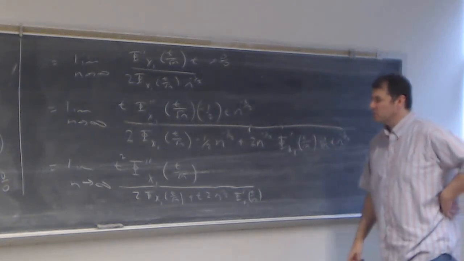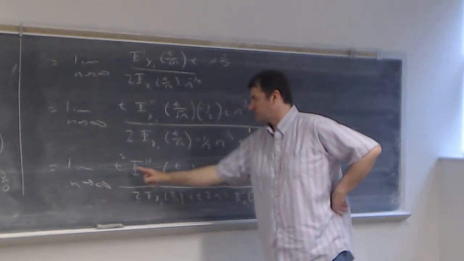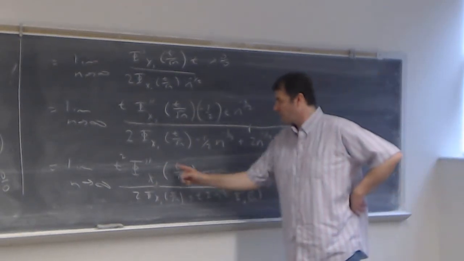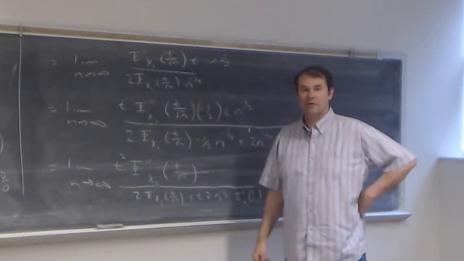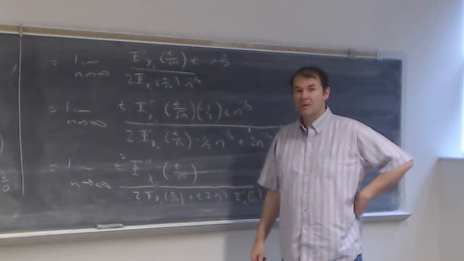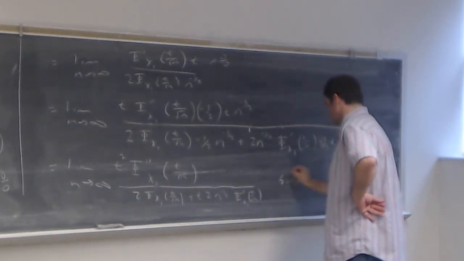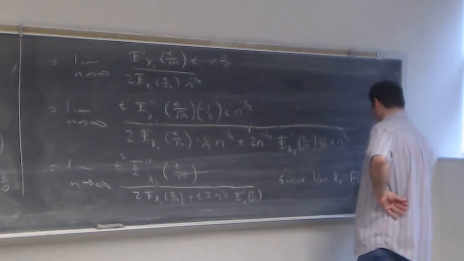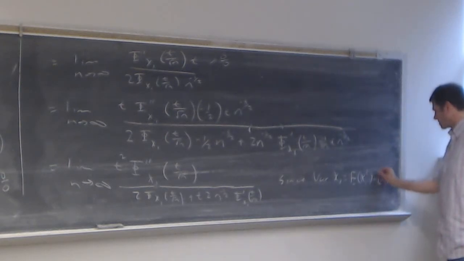Okay. Now, as n goes to infinity, we're curious what this looks like. So t squared is a constant. The second derivative of the moment generating function evaluated, well, this is going to 0. So that's really the expected value of x squared. Well, in our case, remember the variance is equal to 1. And the variance of x sub 1 equals the expected value of x sub 1 squared minus the expected value of x sub 1, squared.